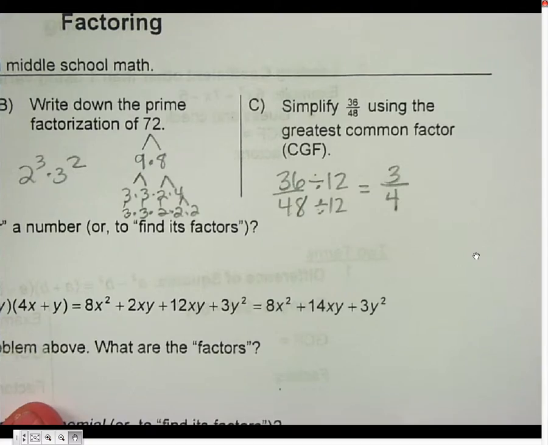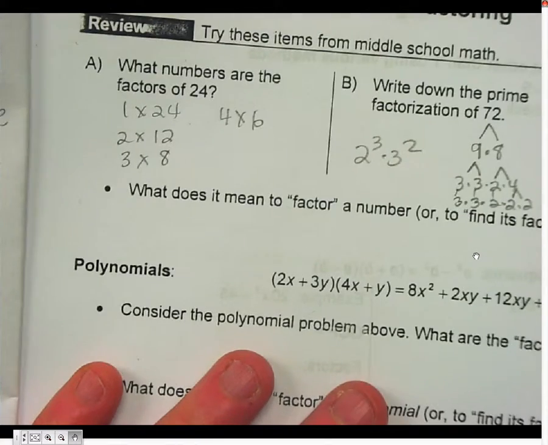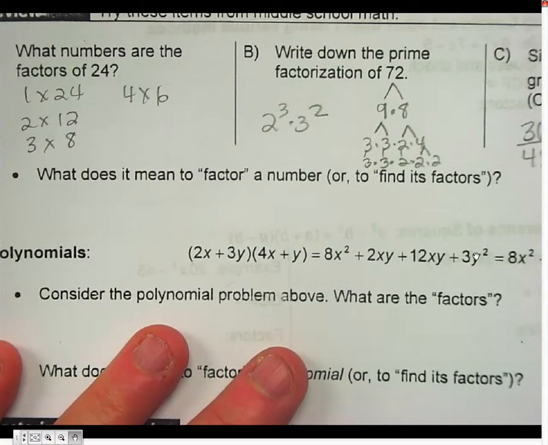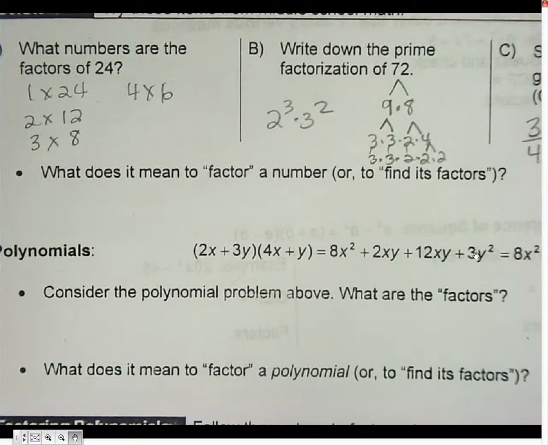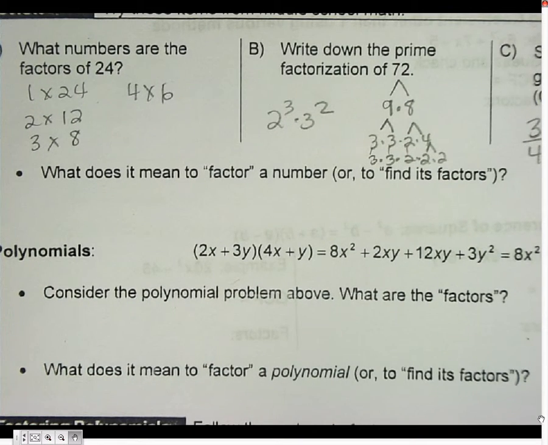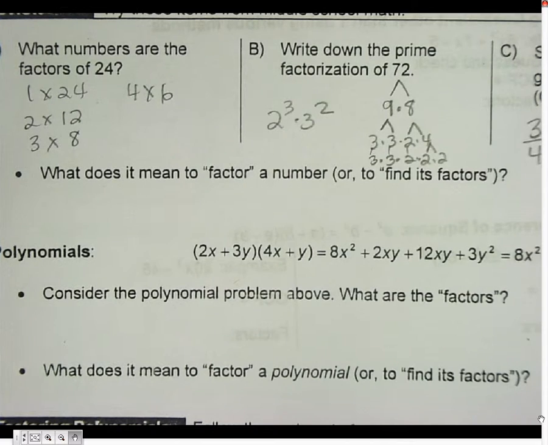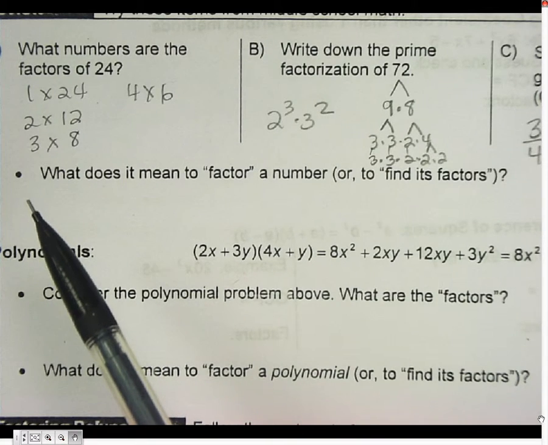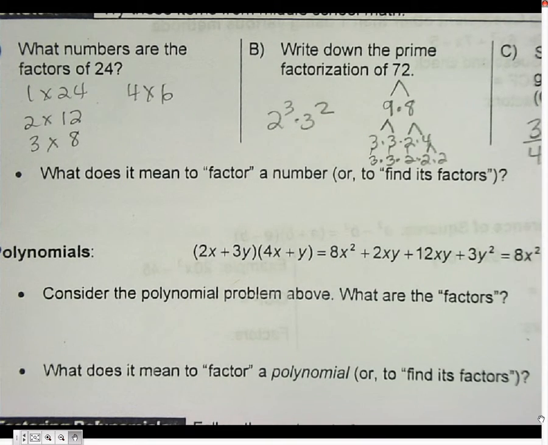Okay, so what does it mean to factor a number or to find its factors? Simplify. Well, kind of. Find what numbers make that number. Okay, and what numbers do what to make that number? Multiply. Good.